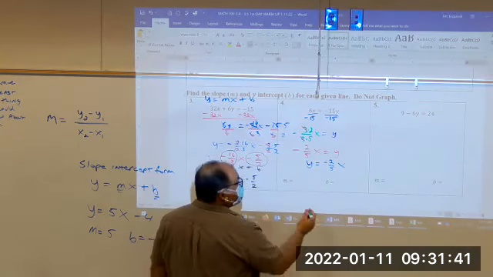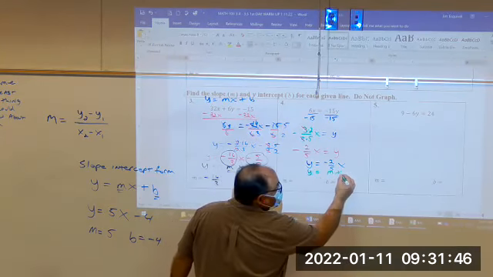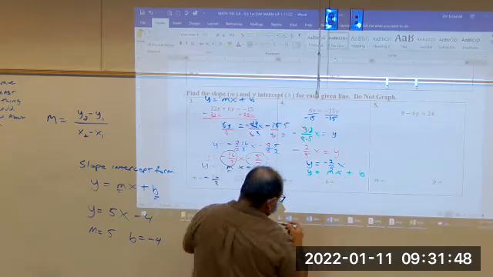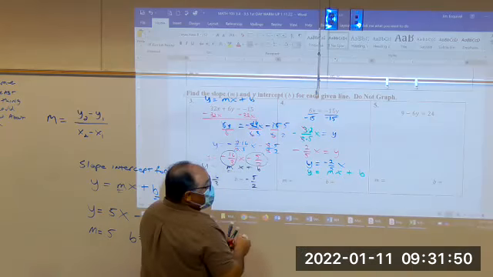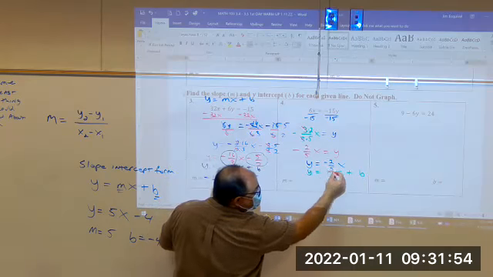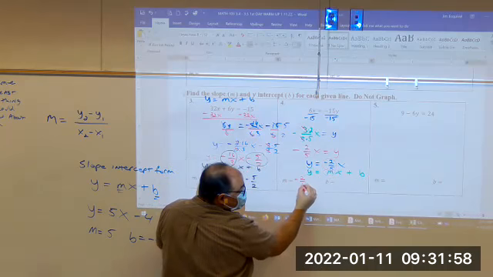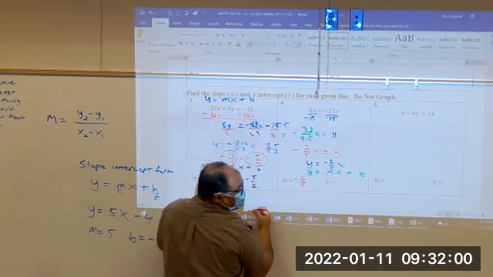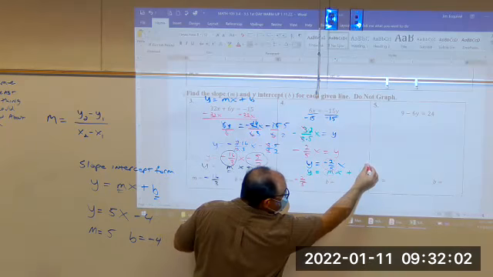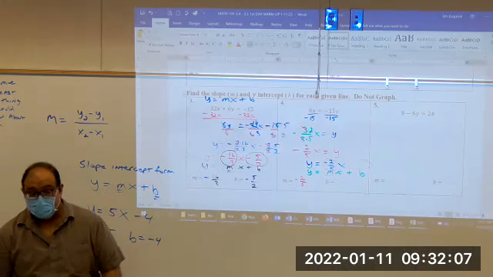We want y equals mx plus b. There's the x, and there's something in front. There's my slope, -2/5. But plus b, there's nothing there.